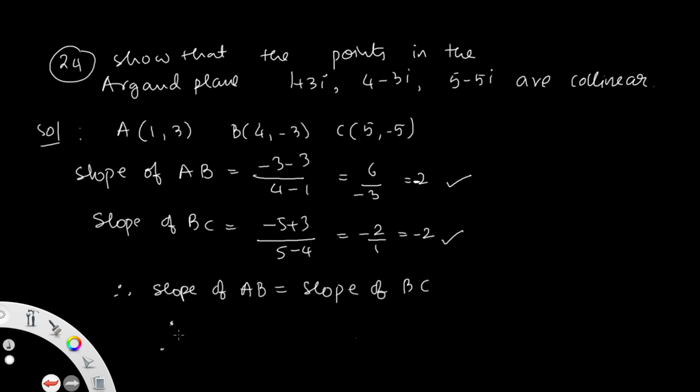Therefore, the given points are collinear. Slopes are equal, so the points are collinear. That's all. Tomorrow I'll give you the next lesson.